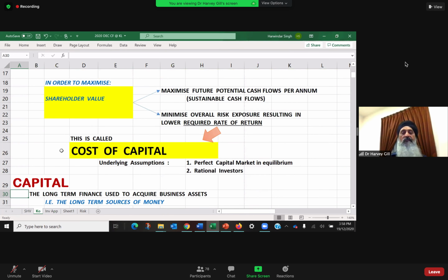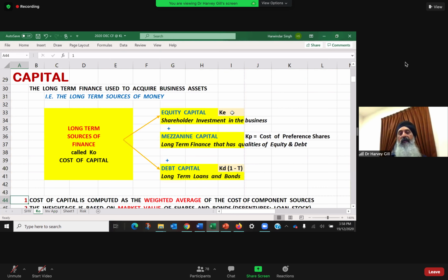Yeah. So that would be the KE that they are looking for. Because that is the return that they are happy with. So that must be the required return on our equity.